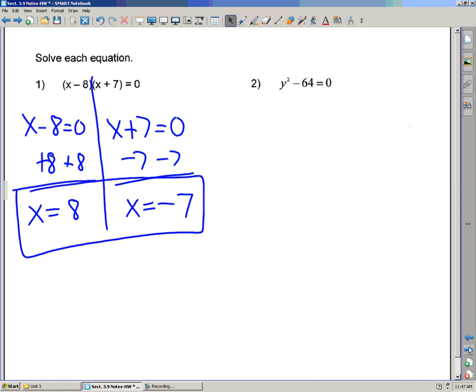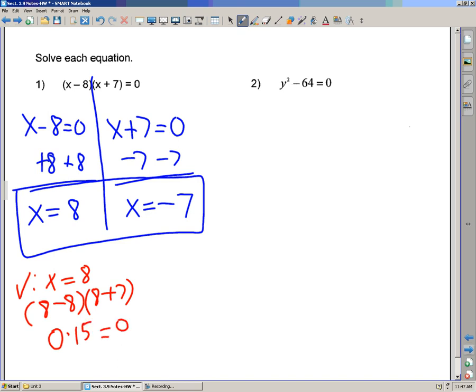You don't have to do the checks for all of them, but the reason why you know this is if you checked with x being equal to 8, my first parenthesis would be 8 minus 8 times 8 plus 7. And then you get 0 times 15, and that in fact is 0.